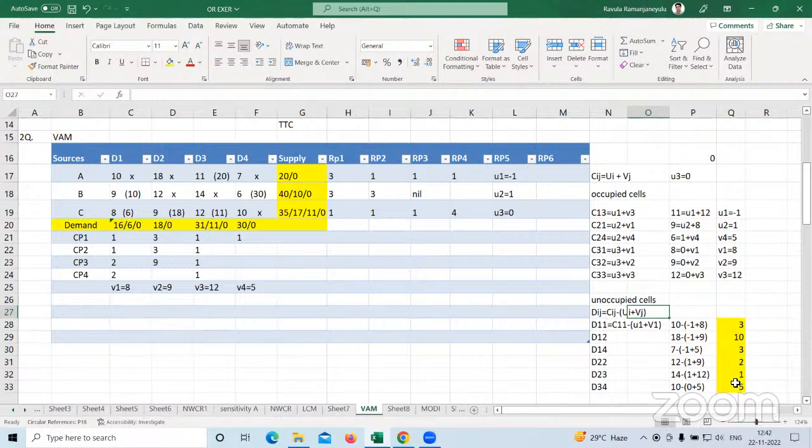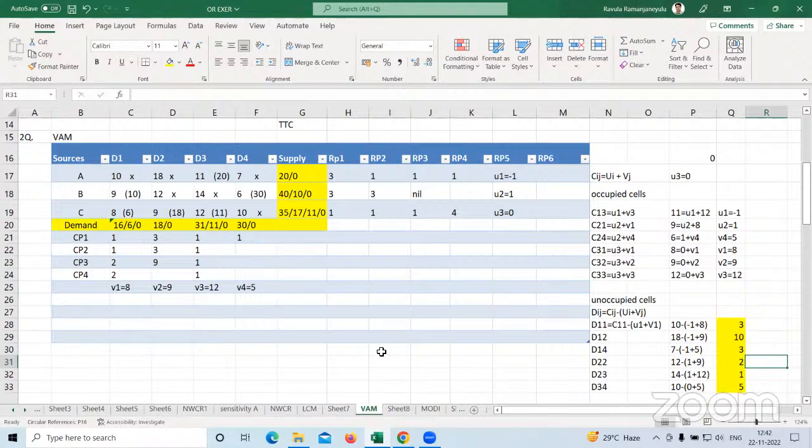In case any one value we got as negative, then we need to make a loop so that units are transferred between occupied and unoccupied cells based on the loop. Here we got all positive values for Dij of the unoccupied cells.